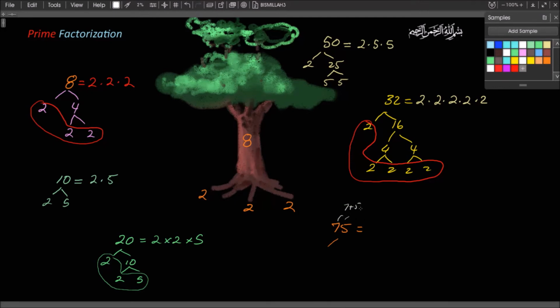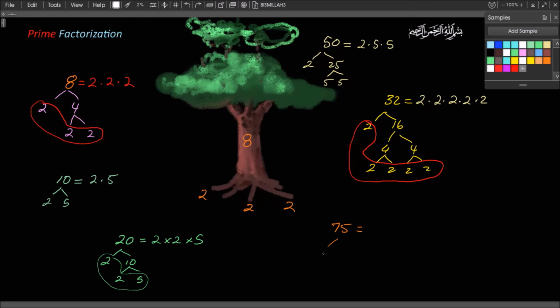One quick way of determining if a number is divisible by 3 is by adding these individual digits. So you add 7 and 5. 7 plus 5, 7, 8, 9, 10, 11, 12, and that's 12. And if this 12 is divisible by 3, then the original number is divisible by 3. So 7 plus 5 is 12, and 12 is divisible by 3, therefore 75 is divisible by 3.